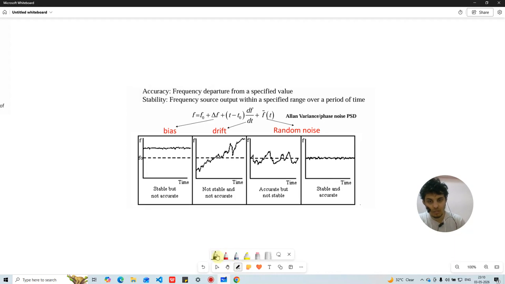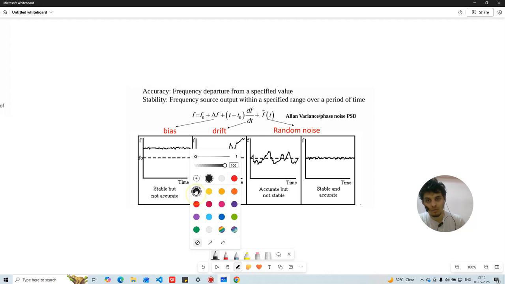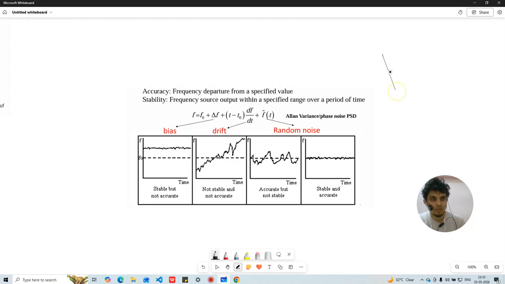I wanted this value and it started giving me something else. So it's stable but not accurate, and you get the idea. It's not stable, not accurate. It's accurate but not stable. It's both stable and accurate. Plus plus, it's accurate, not stable. Minus minus, it's stable but not accurate.